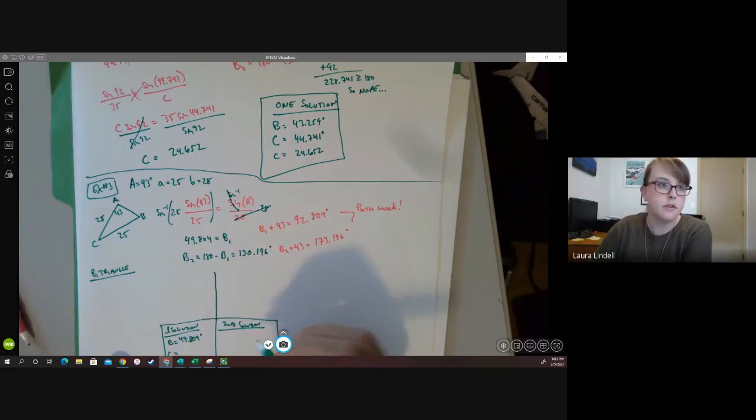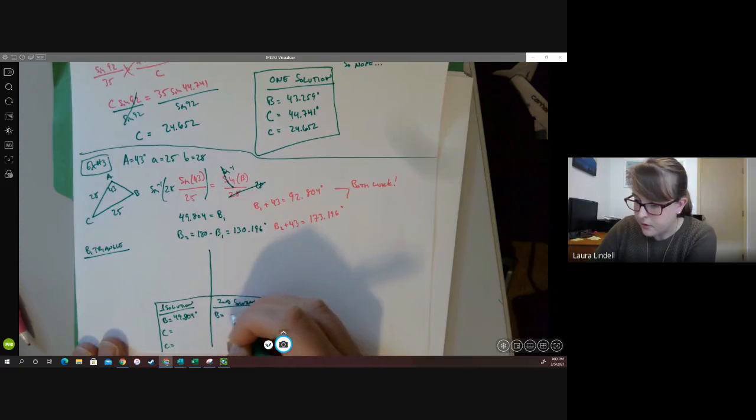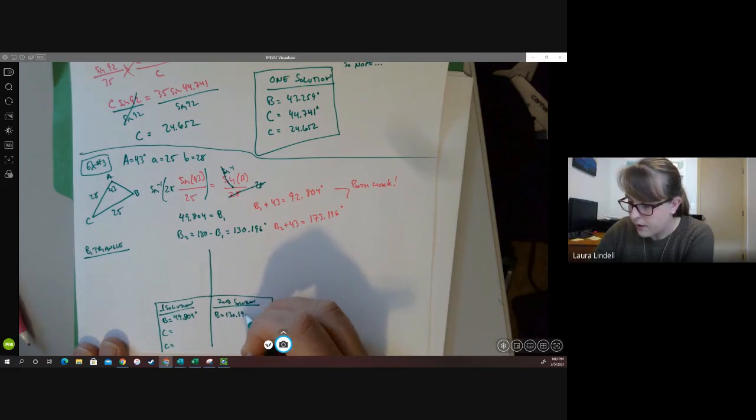I'm going to have my first solution and my second solution. For the second solution, angle B was 130.196 degrees.